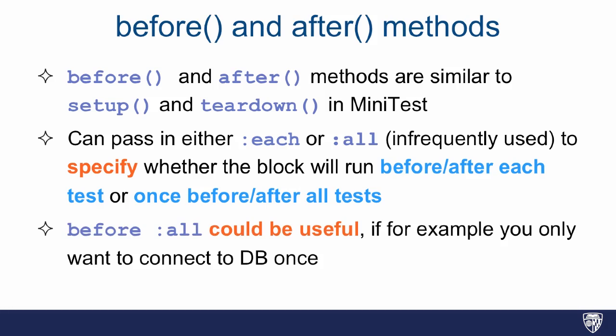Now when is this useful? For example, if you are connecting to a database in your test, you wouldn't want to be creating and recreating a connection to a database before every single test. Instead, you just want to do it once before you run a group of tests and then close it down at the end of a group of tests.